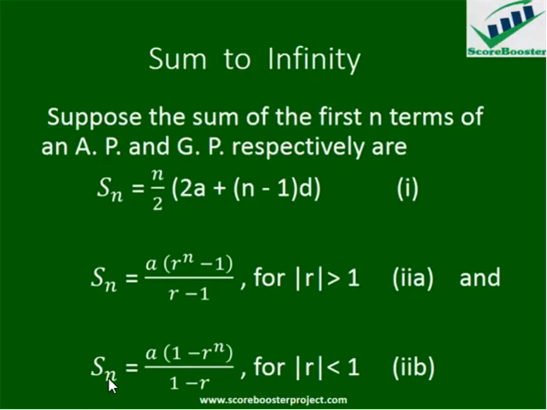That is, when n increases from 5 to 7, we have 2 into 1 minus 1/2 raised to power 7 over 1 minus 1/2. If that is evaluated, we have the value of Sn to be 3.97, and the value of r raised to power n is 1/128.